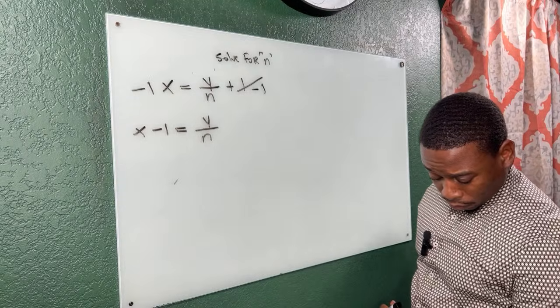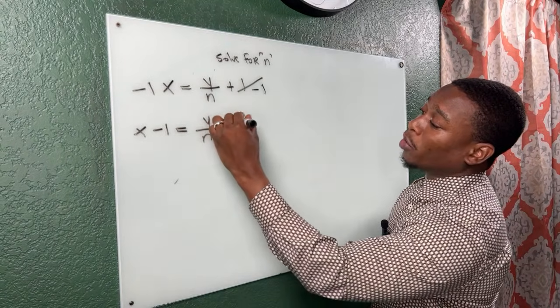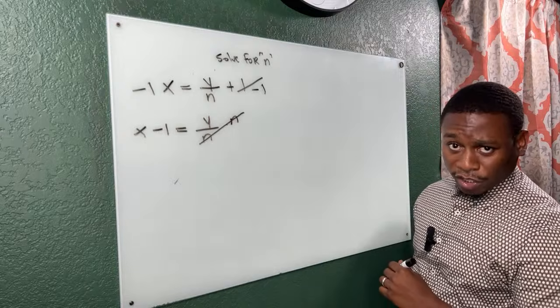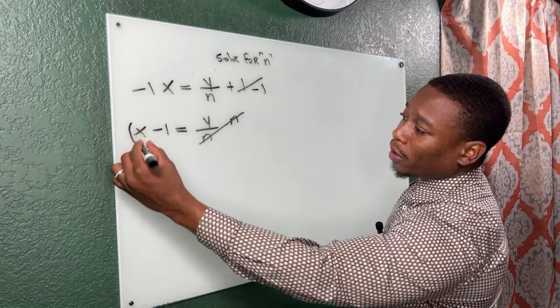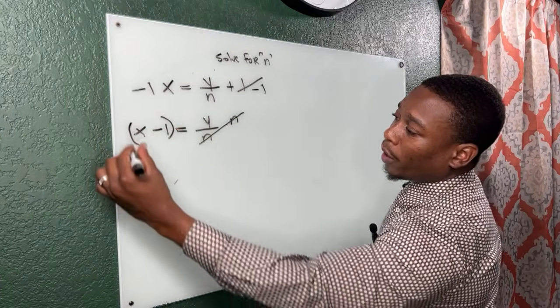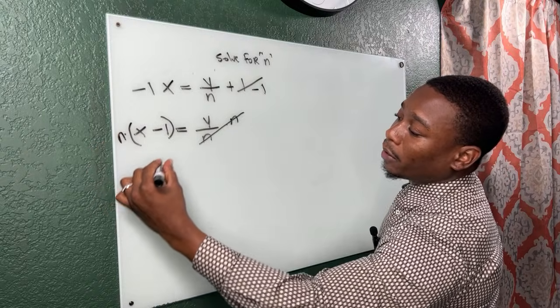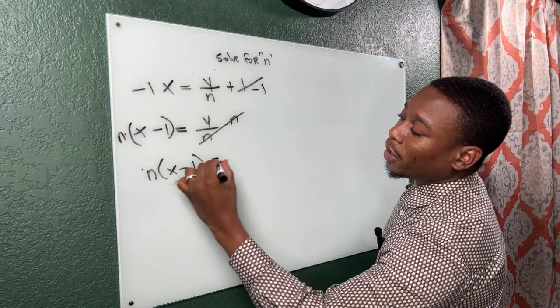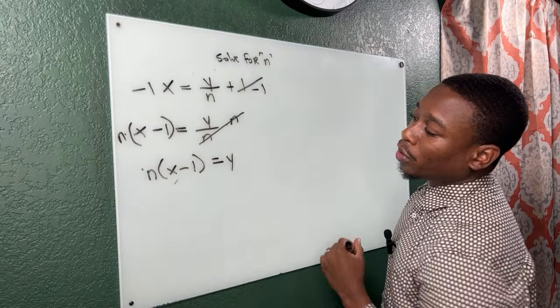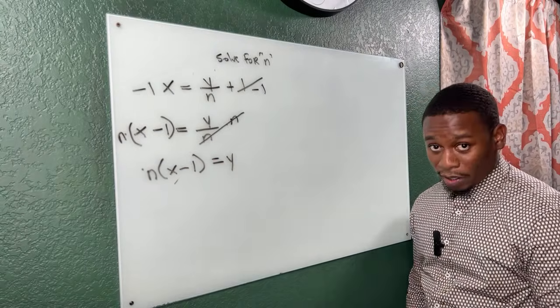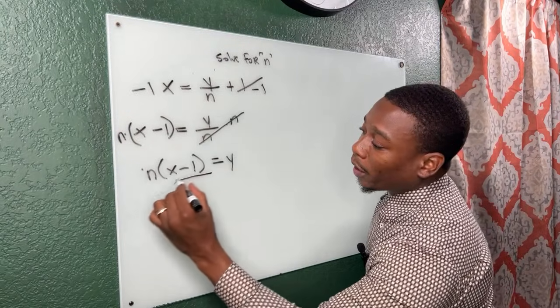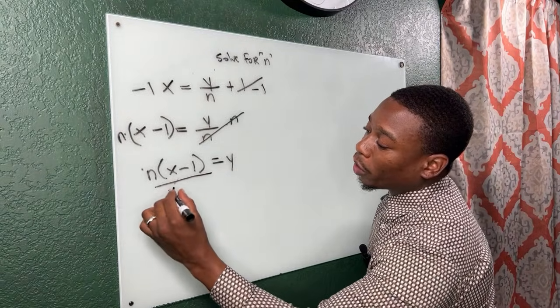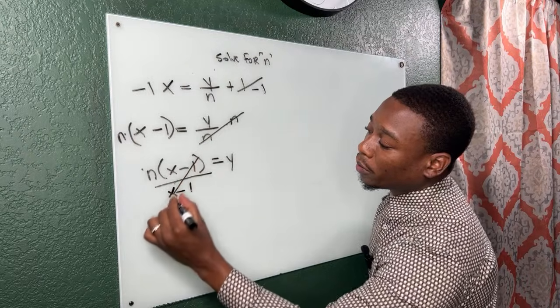Now, okay, I knew that was right. I multiply by n to get rid of my fraction, and I do the same thing on the other side. So now I have n times x minus 1 is equal to y, right? Now to get n by itself, we're going to divide by x minus 1.